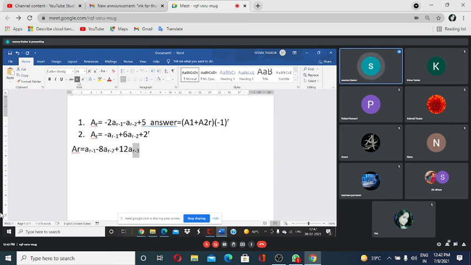Based on that, you will get the roots, and based on the multiplicity of the roots, you will write the homogeneous solution. If there is multiplicity 2, you will use a1 plus a2r. If there is multiplicity 3, you can write a1 plus a2r plus a3r square. If there are 3 different roots, you can use a1 times the first root raised to power r, then a2 times the second root raised to power r, then a3 times the third root raised to power r.